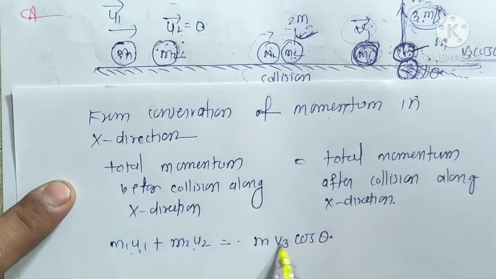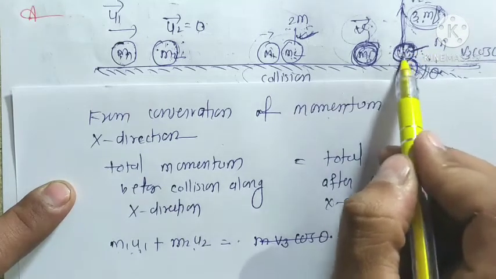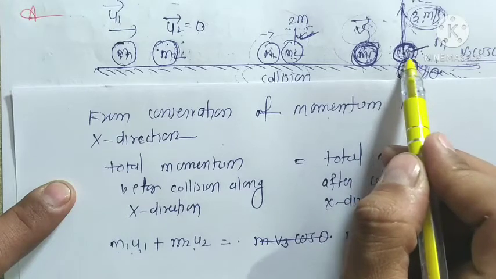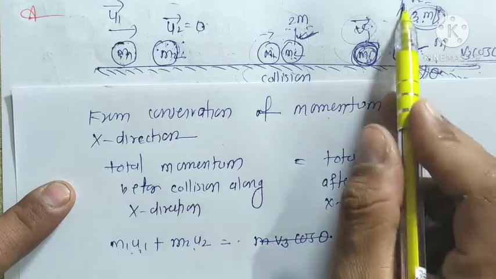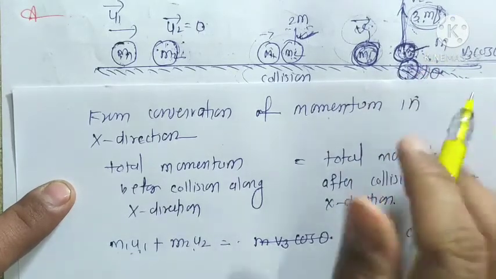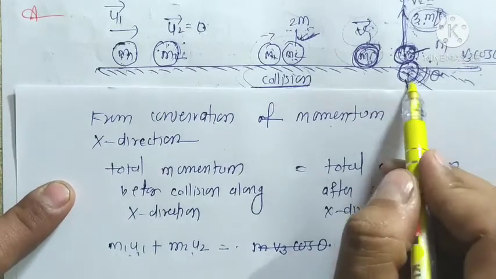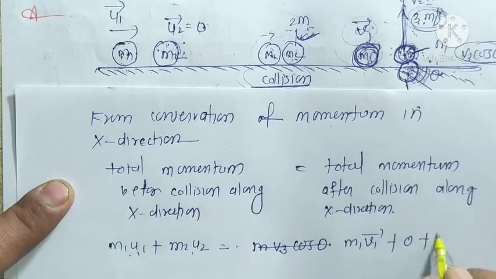There is no horizontal component for the part moving along the vertical direction, so 0, and for the second part of the second body, its horizontal component is v3 cos theta.